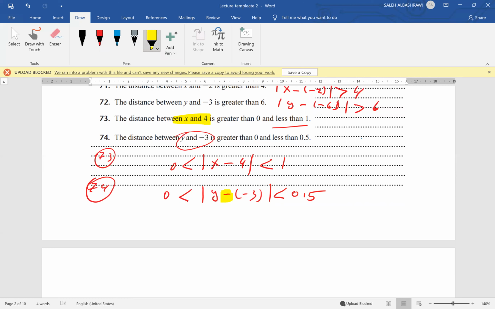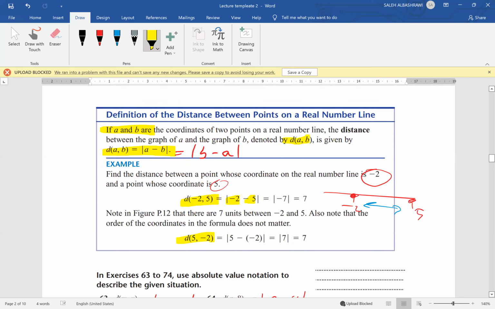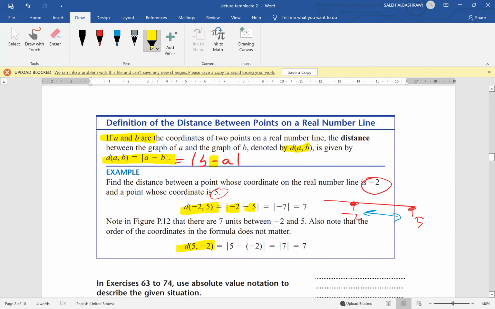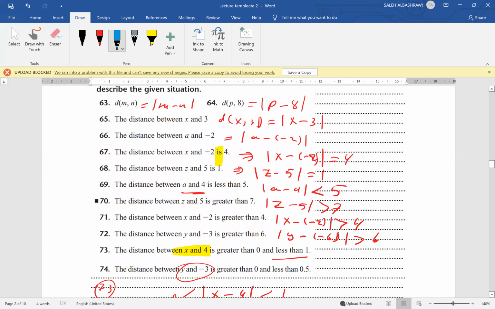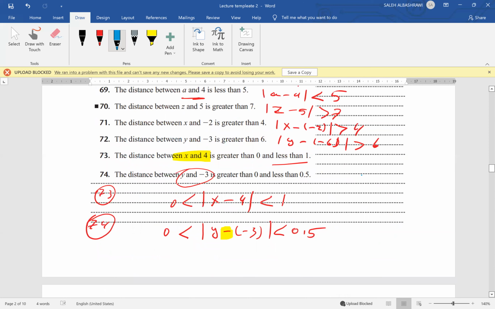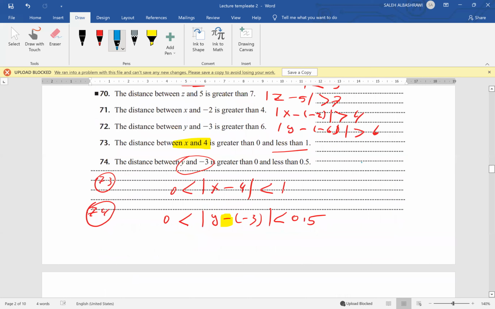This is from the rule. We shouldn't confuse it with the negative of the second coordinate, or of the second number. So it is 0 less than the absolute value of y minus minus 3 less than 0.5. So this is how to use the absolute value to define or find the distance between two points on the real number line.